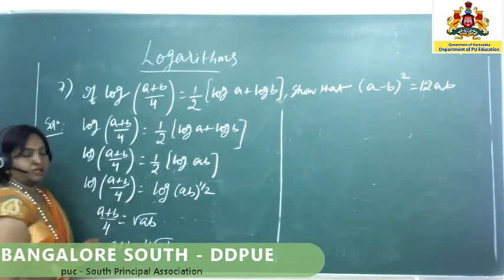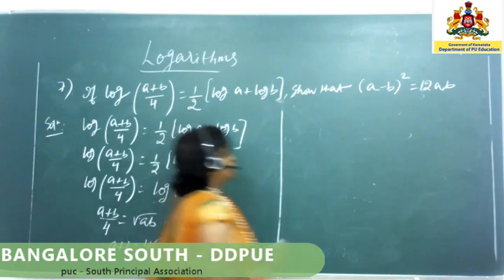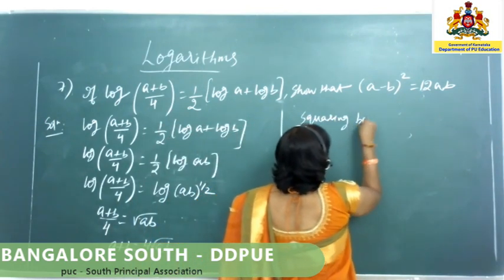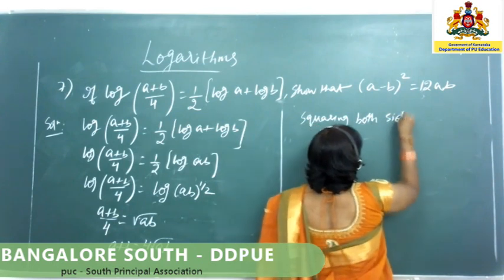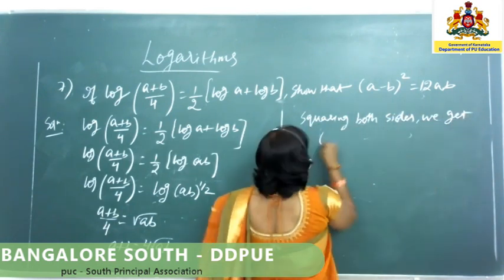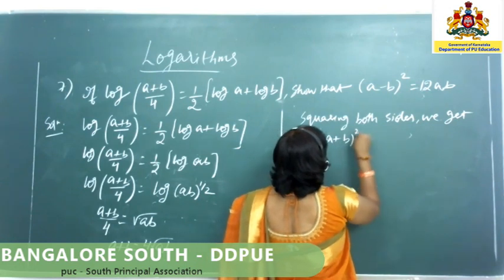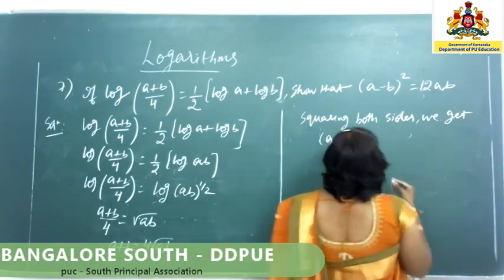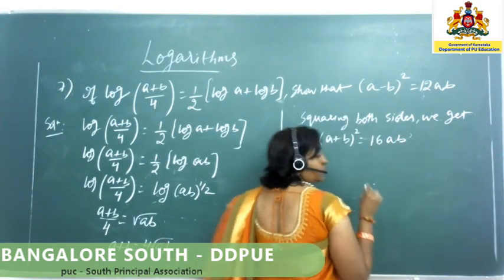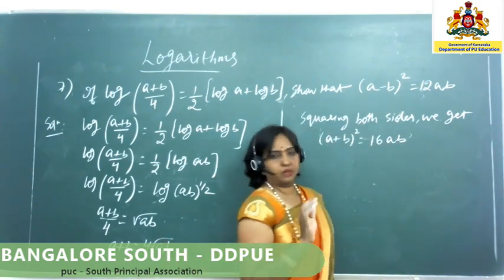Just cross multiplied. Square both sides. Squaring both sides, we get (a plus b) the whole square is equal to 16ab. 4 square is 16, root ab the whole square is ab.